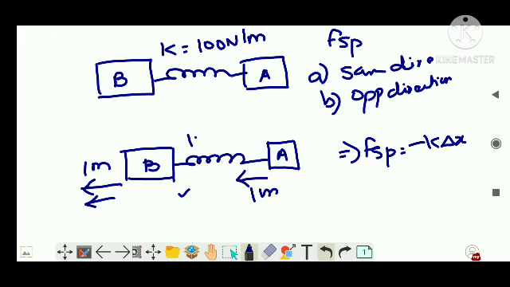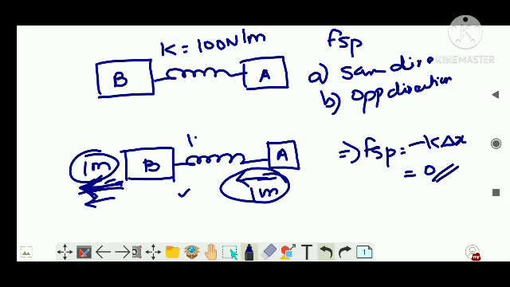You are pulling here, so you are trying to extend by 1 meter, but at this end you are trying to contract the same spring by 1 meter. So the net displacement or net elongation is 0. I can say FSP is 0.